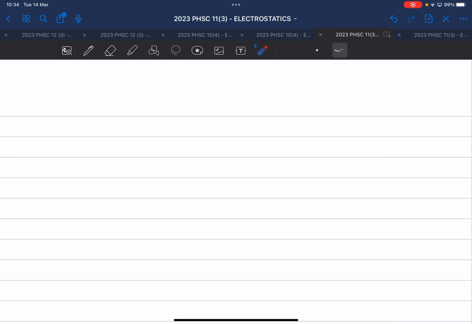So for 9.1.3, we must first calculate the new charge after they've touched. That is where you add the two original charges together.